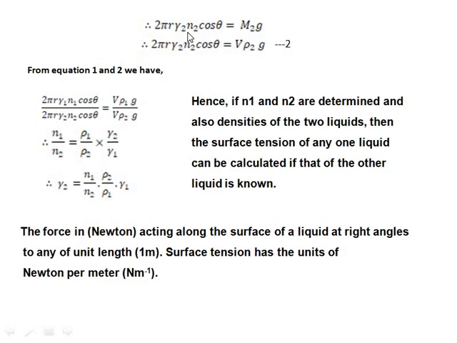Then the weight of the second drops, M2 g, is equal to 2 pi r gamma 2 N2 cos theta.